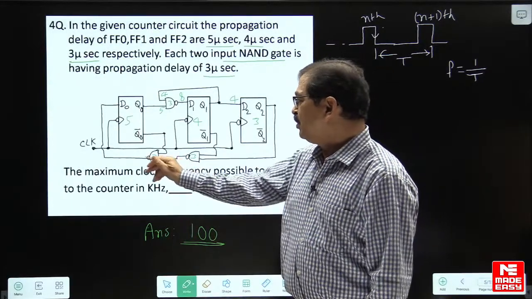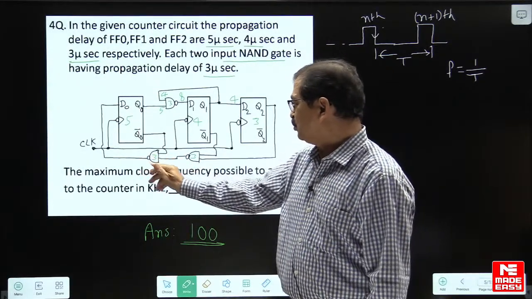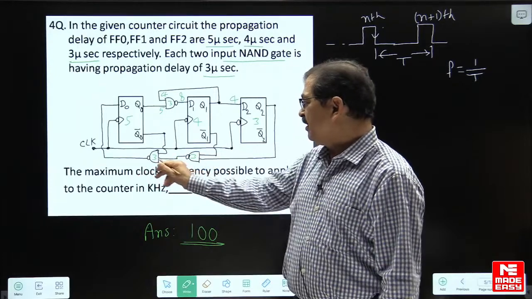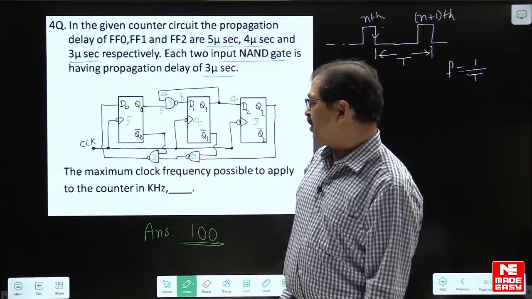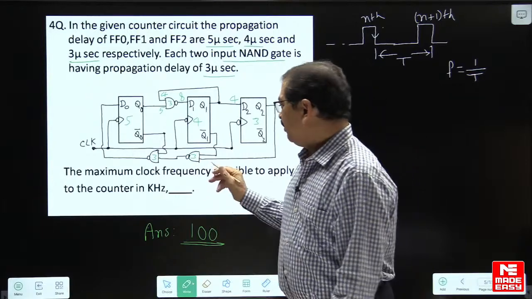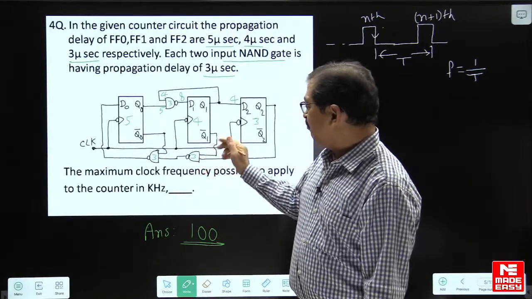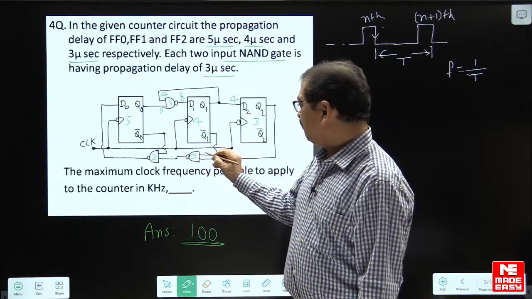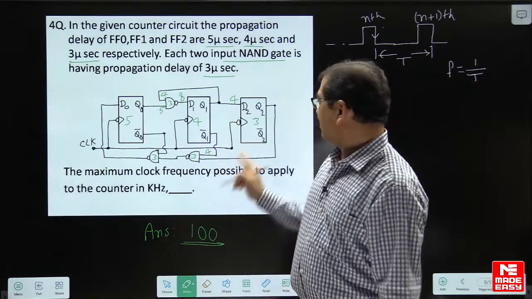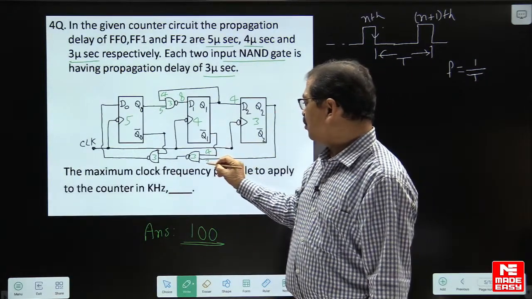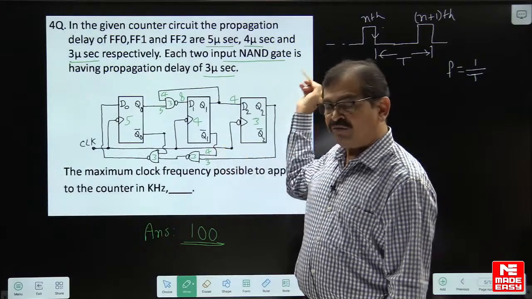Flip-flop 0 input is available from this NAND gate output. In this path, there are 2 NAND gates involved. For this NAND gate, one input is available after 4 microseconds, the other input after 3 microseconds after this nth clock pulse.